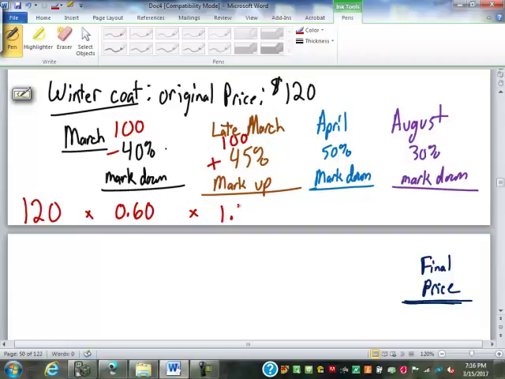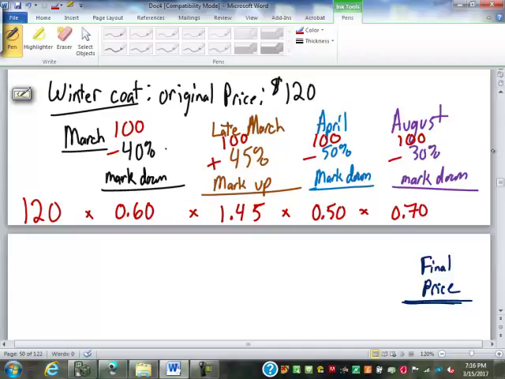So that's going to be 1.45, 145%. $50 markdown. 100 minus 50, or 50%, so 0.5. 30% markdown. 100 minus 30, which is 70, so 0.7.